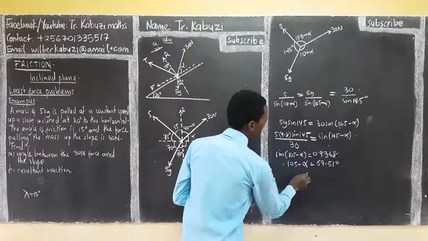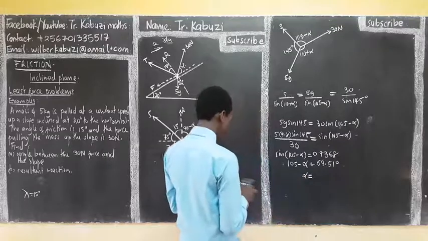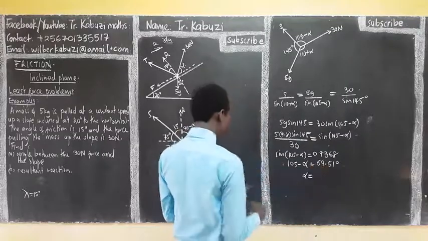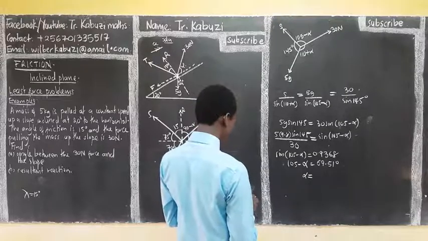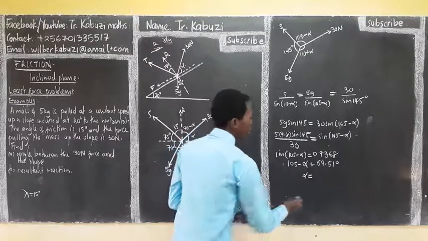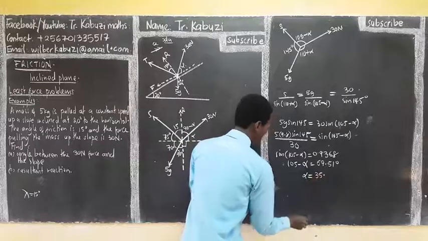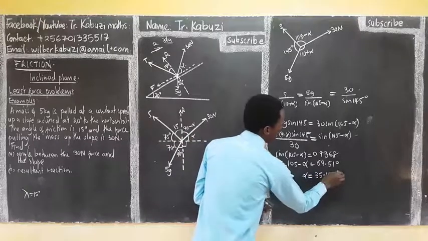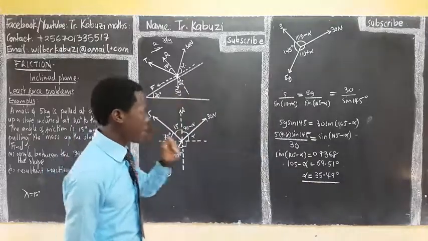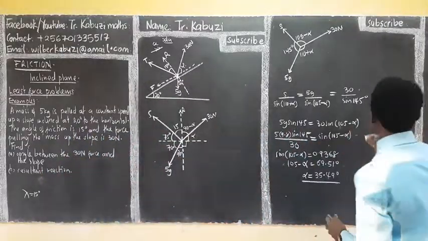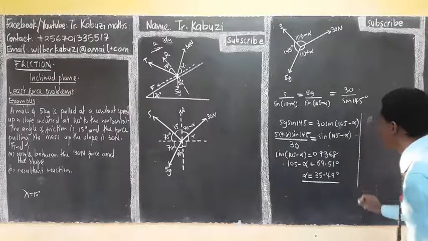So from there, my alpha is going to be, we take this side and bring this side, 105 minus 69.51, which gives me 35.49 degrees. So we have now this angle.